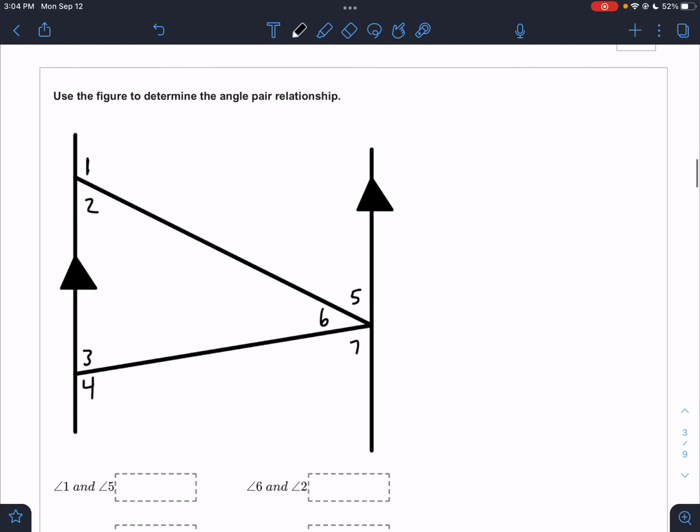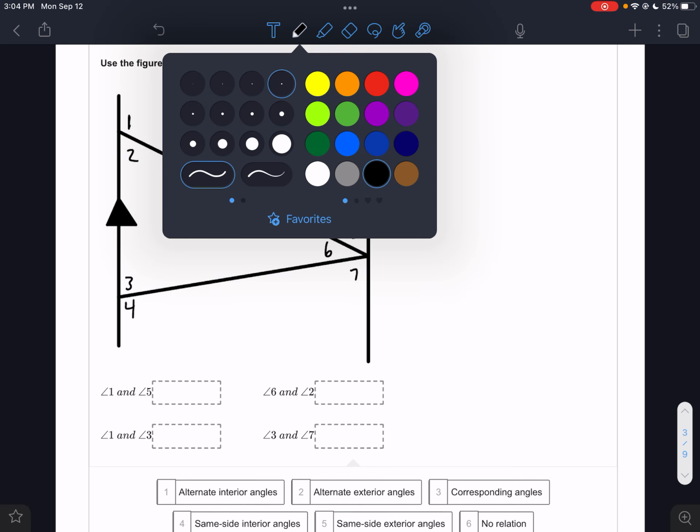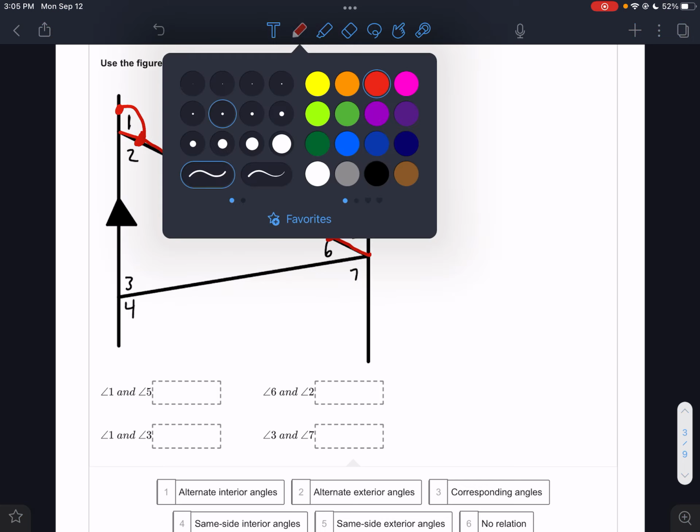Use the figure to determine the angle pair relationship. Let's take a look. So there's a few things I'm looking for in here. Let's see what we do. So angle 1 and angle 5. If I trace angle 1, we got this line and this line. If I trace angle 5, I got this line and this line. So they share this one. That's called the transversal.